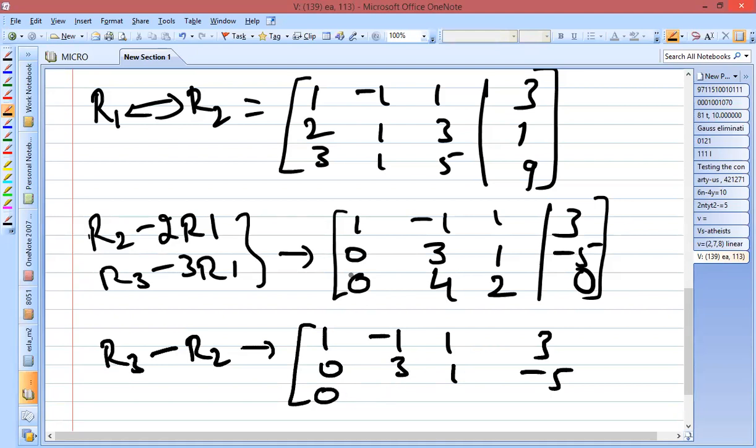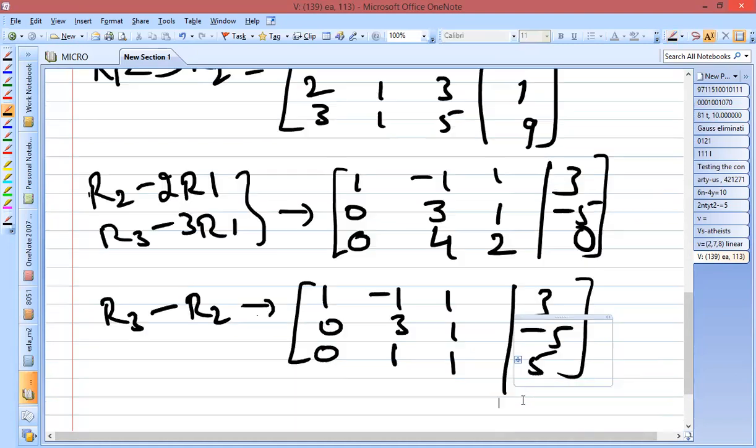You cannot do it with R1, because if you perform it with R1, it will result in a non-zero element, so we are not considering R1 here. 4 minus 3 results in 1. 2 minus 1 is 1. 0 minus of minus 5 is 5.